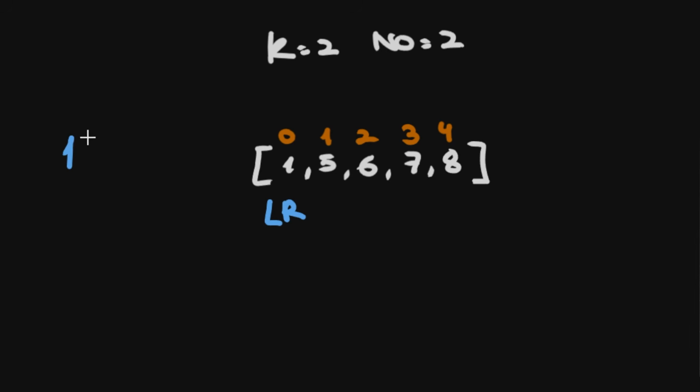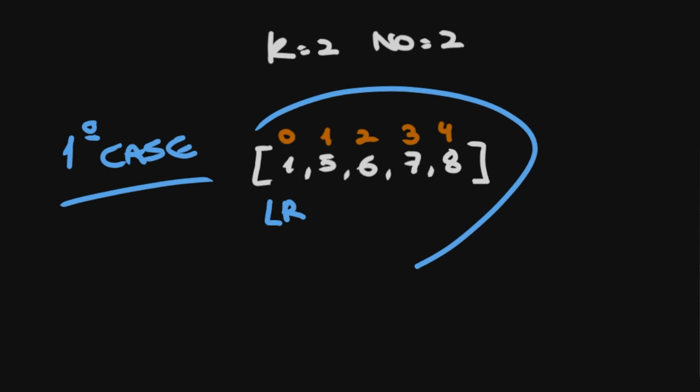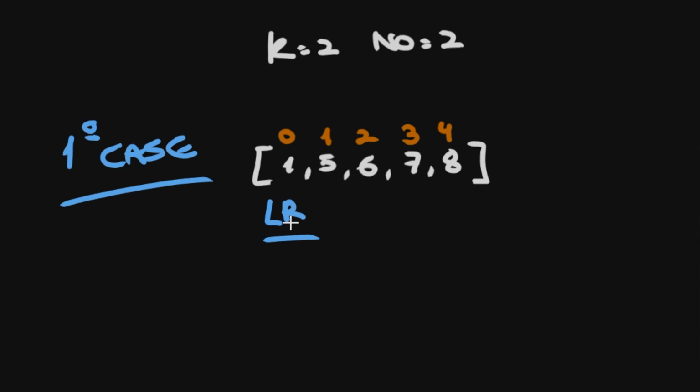So let's go with the first case. Here we have the same array and 2 pointers, left and right. They are initially here at index 0. And we are iterating every element, and every time we are checking if nums at right is smaller or equal to the current number plus k, we update right. So we are standing at 1.